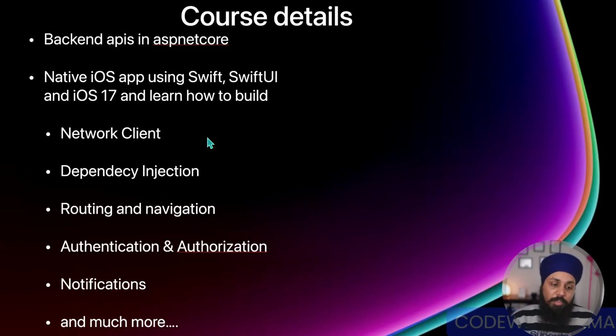There's much more after that, like offline support, how you design your app, and how you can use SwiftUI efficiently within your app, making sure that you are testing your app properly. We'll look at some of the testing frameworks which we can use, how you do your Swift component testing and SwiftUI UI testing, using Xcode.